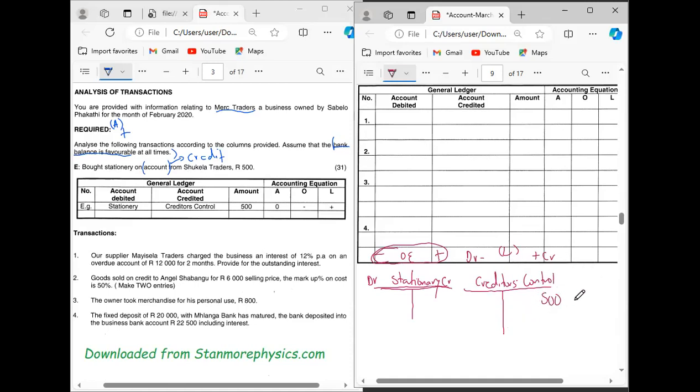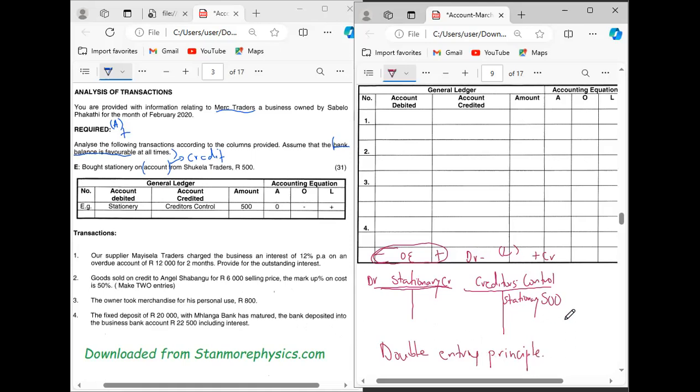But what did we buy on credit? We bought stationery, and then we are going to write stationery. Stationery was bought on credit. One account is credited automatically. You can use the double entry principle.